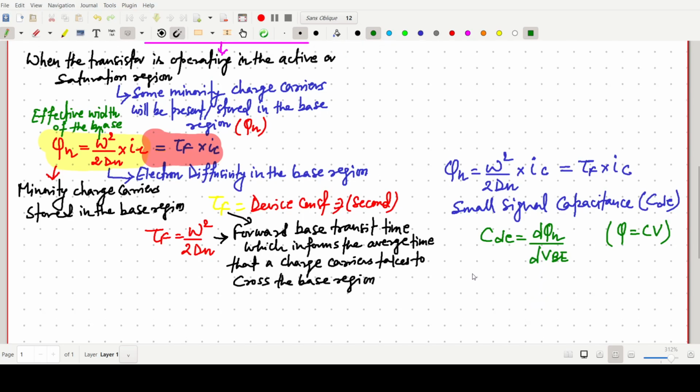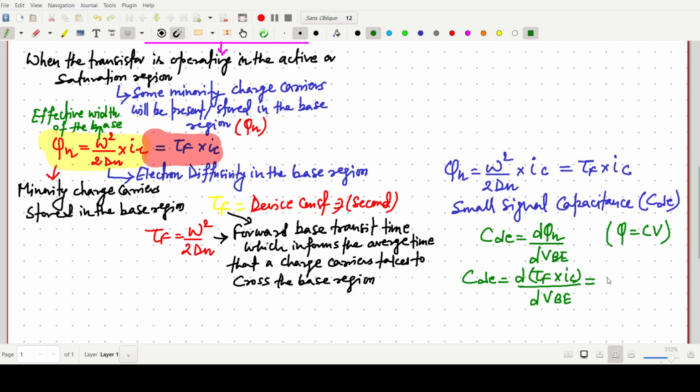Okay. So this CDE can be written as d of Qn, where Qn is nothing but simply tau f into IC, instead of Qn, over dVBE.